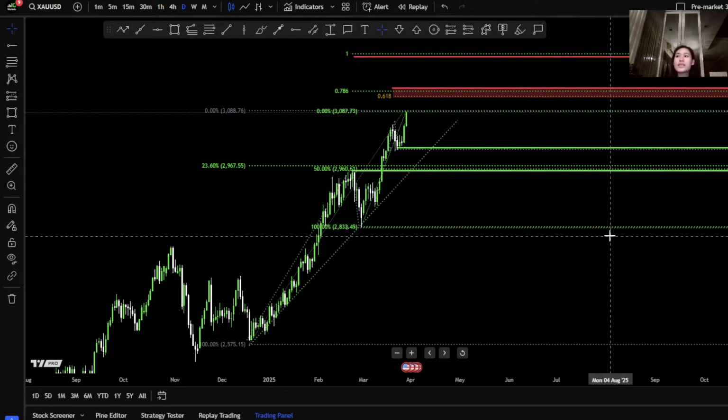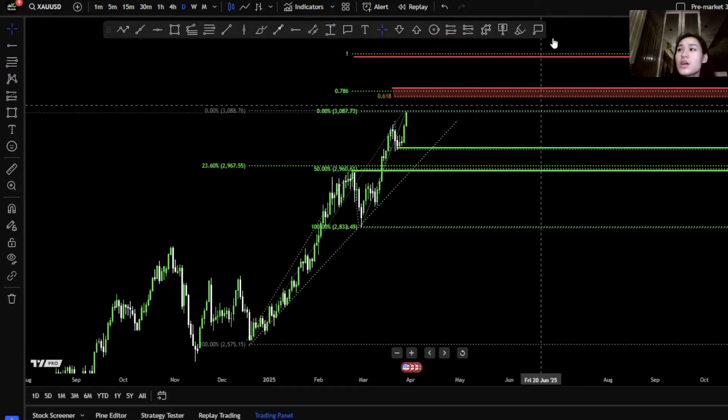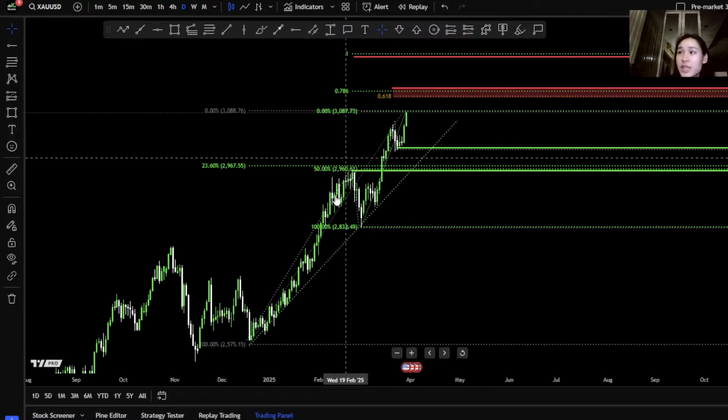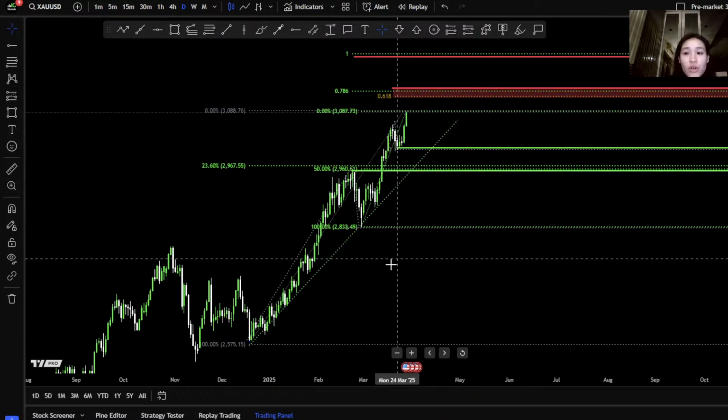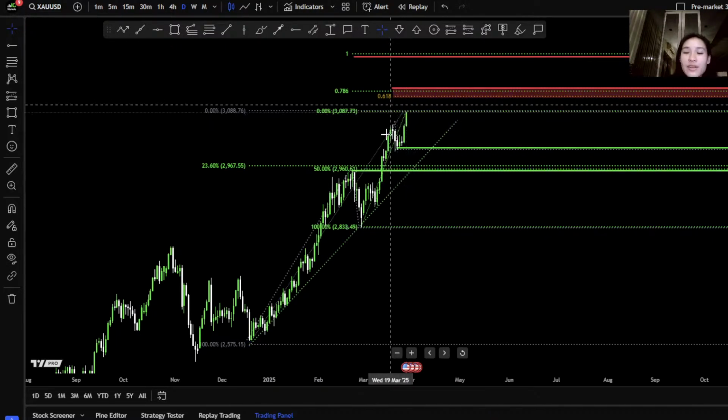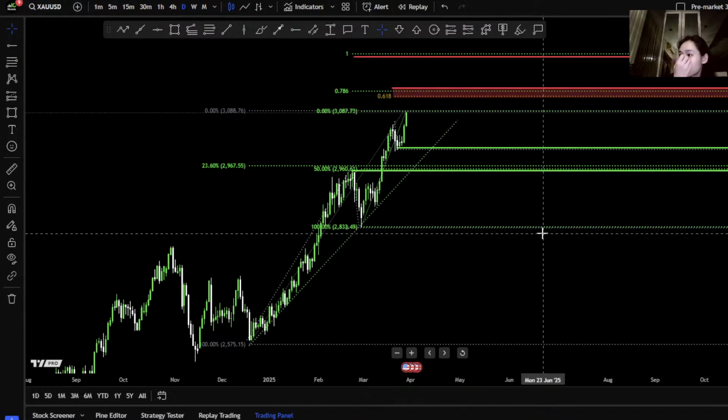So all of these levels, you can label it as a pivot or anything that you choose. What I'm trying to do here is I'm just finding key levels of support or resistance where we might see prices kind of react off, or it might be attracted to these areas.